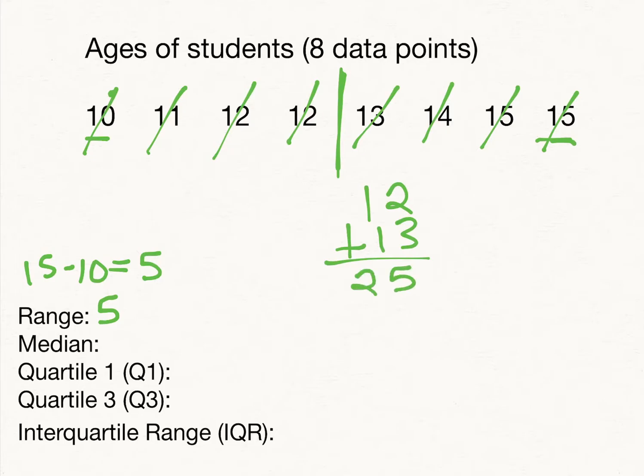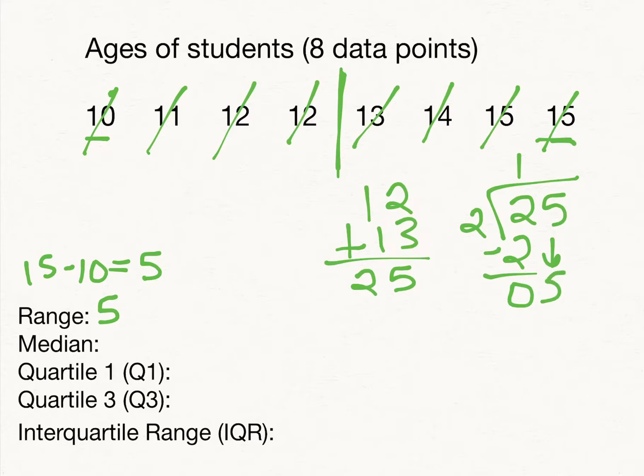Because it's 2 points, we take the 25 and divide it by 2. 2 goes into 2 once. 1 times 2 is 2, we get 0. 5 divided by 2 is 2. 2 times 2 is 4. Subtract, add your decimal, 0, and then 10 divided by 2 is 5.